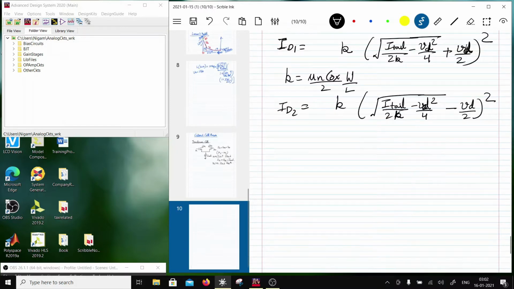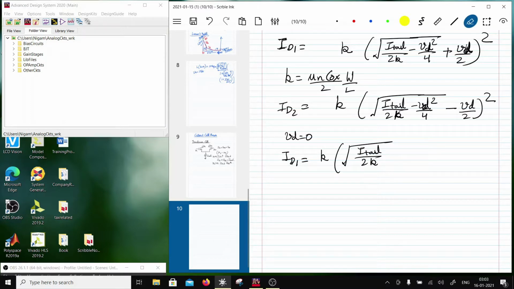Now let's verify this. If Vd is equal to 0, then ID1 would be equal to K times square root of I tail by twice of K, plus Vd which is 0. So under the case Vd equal to 0, this is the first term when Vd equals 0.